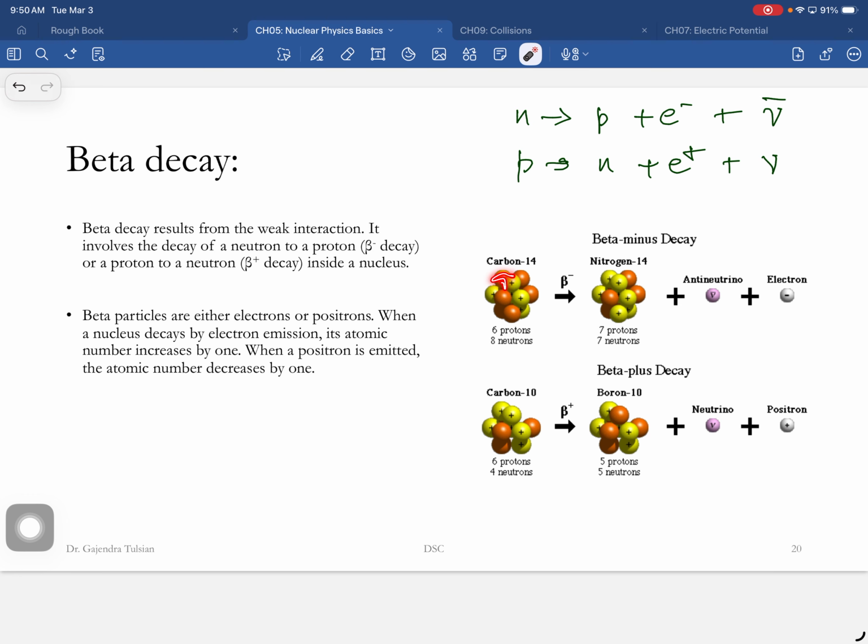Here's another one, carbon-10. What is the problem here? Carbon-10 has too many protons, very good. So how do you fix that? Turn a proton into a neutron. That's what happens. Okay, there's a solution to every problem. So this turns into boron.